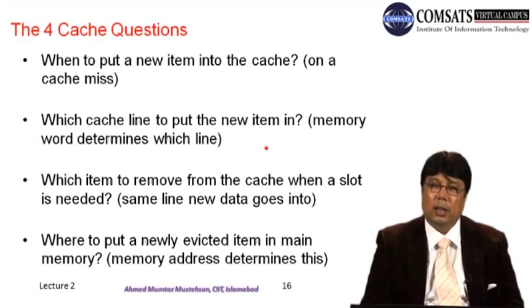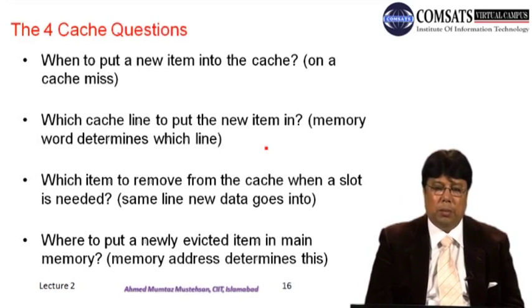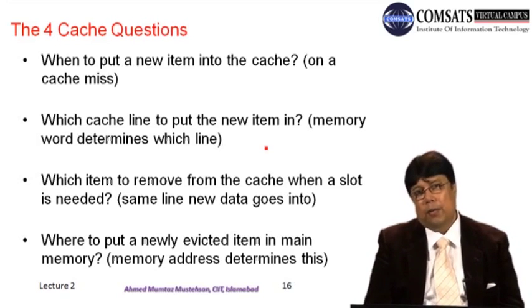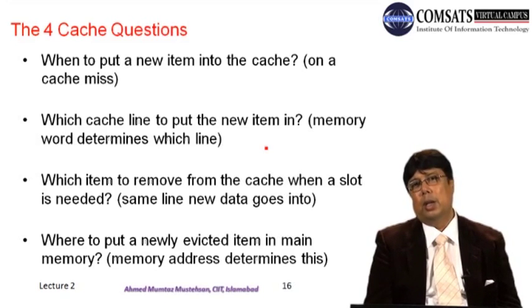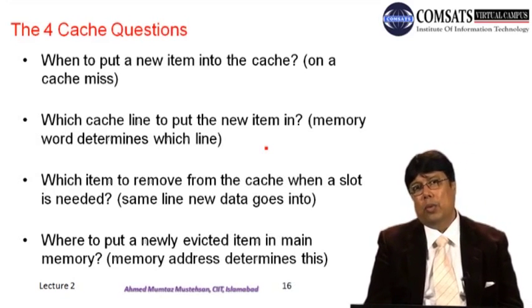That is another question. Obviously, when you want to put a certain item somewhere into an area which is very sensitive or very small in size, then it means that you have to make the space over there. आपको वहाँ जगह बनानी पड़ेगी, उसके लिए आपको कोई item remove करना पड़ेगा.